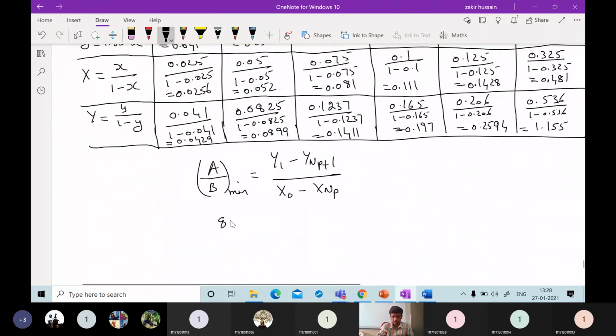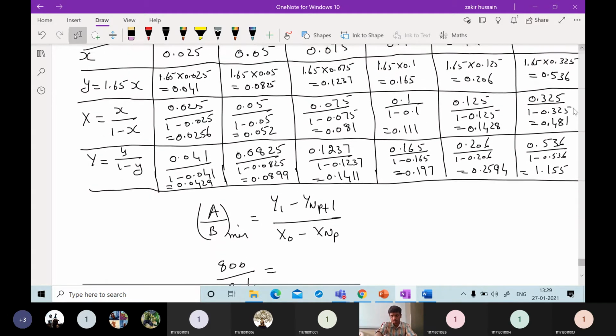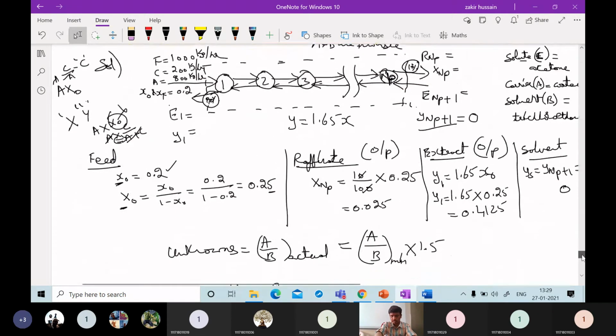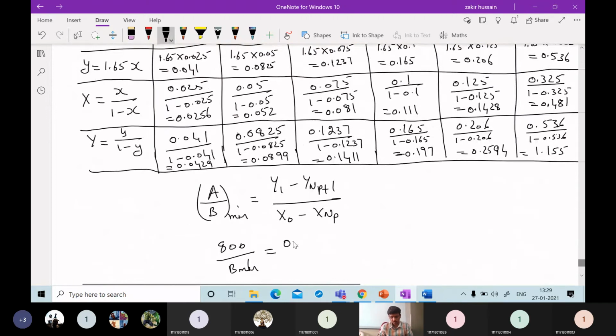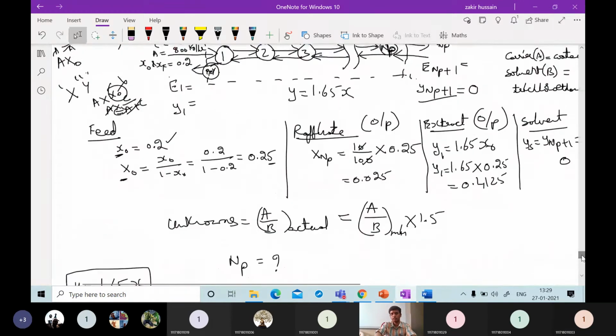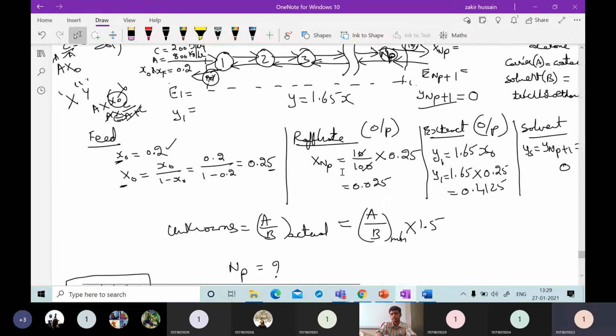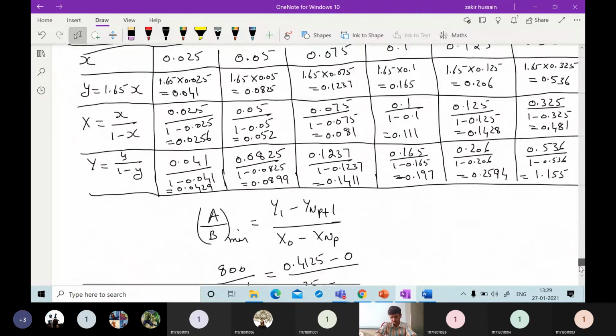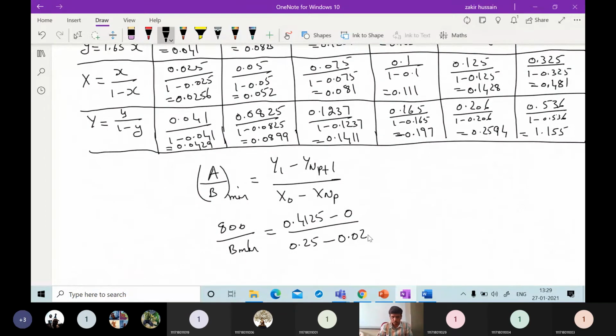So A is equal to 800, and B minimum is equal to y1, 0.4125, minus ynp plus 1, which is 0, divided by x naught, 0.25, minus xnp, 0.025. Now we can estimate what B minimum is from this.